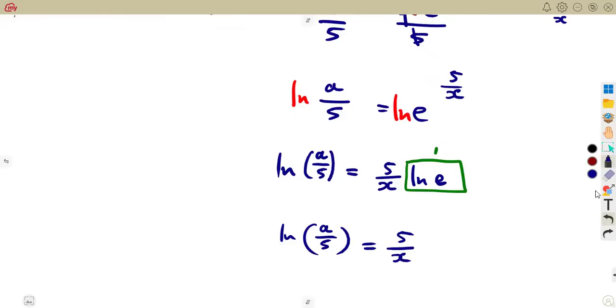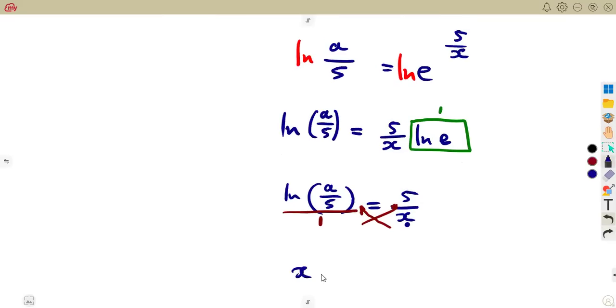So guys, this is just like a whole number given over 1, where cross multiplication is also necessary to remove these fractions. So it will be x times the whole of that ln, multiplied to x. So it's x, the ln of A over 5, is equal to 1 times 5, which is 5.